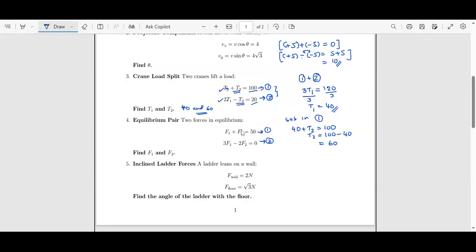If the term was 2f2 here, then you can easily add it with the second equation and they'll cancel off. 2f2 and negative 2f2 cancel off each other. So for that, you multiply the entire first equation by 2.